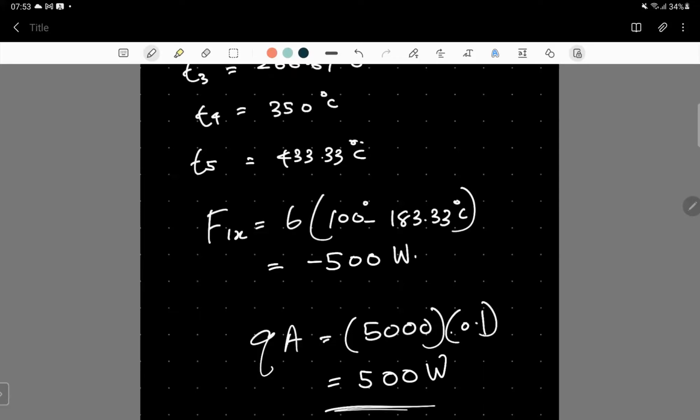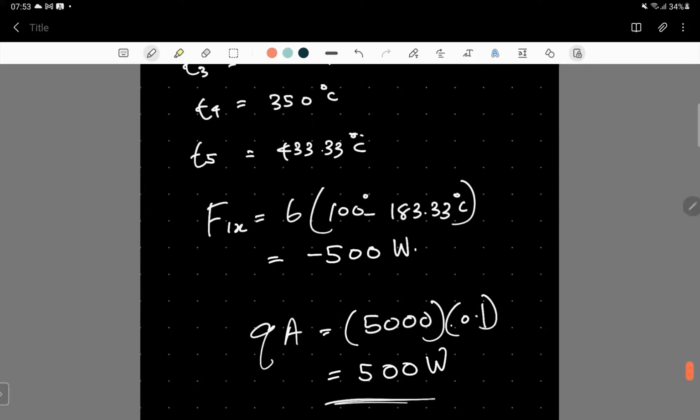So you see the energy conservation: heat entered on the right hand side, leaves as a negative value from the left hand side. So it is quite clear now that we are able to tackle heat transfer problems using the finite element method.